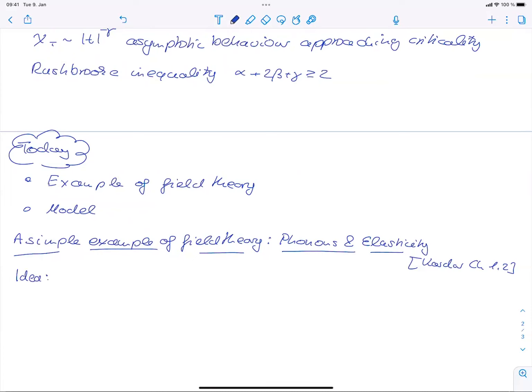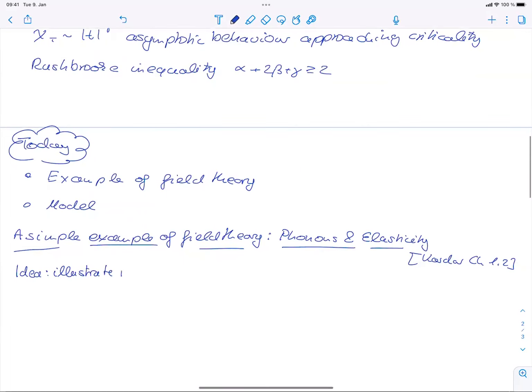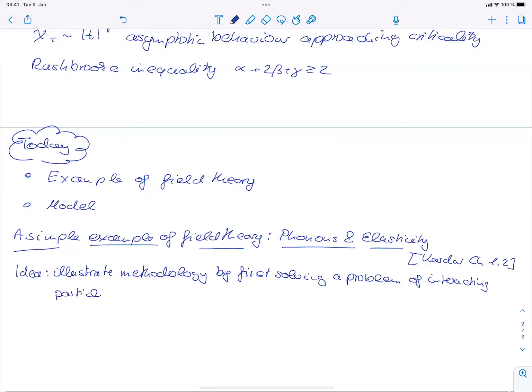Okay, so the idea today is to illustrate the methodology by first solving a problem of interacting particles and then proving field theory.